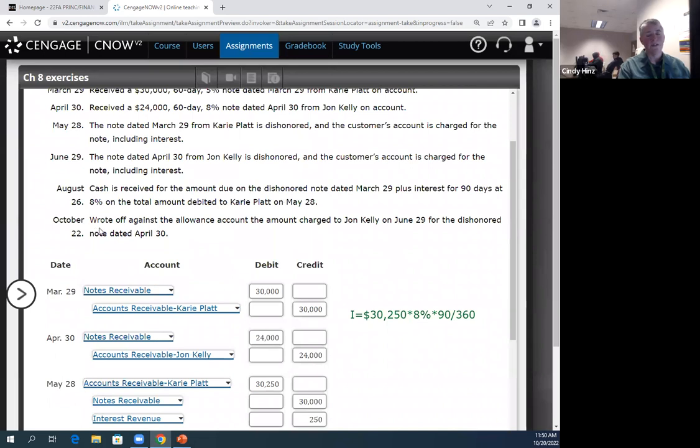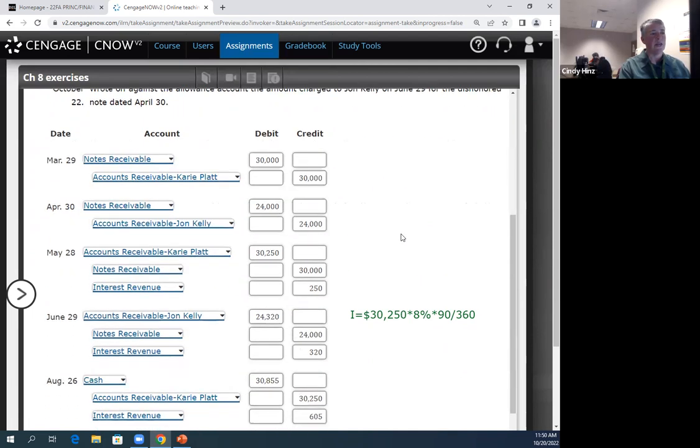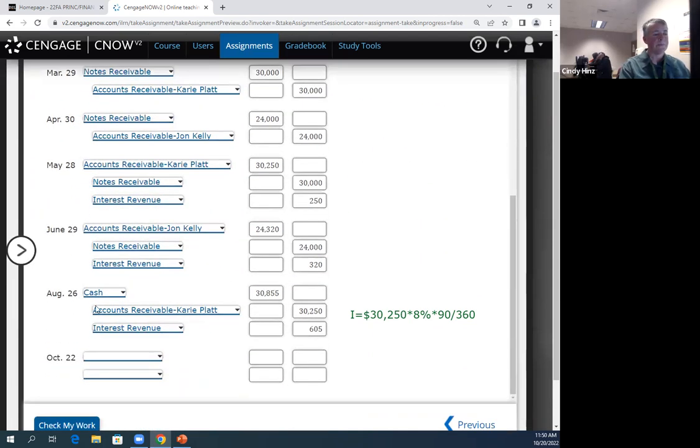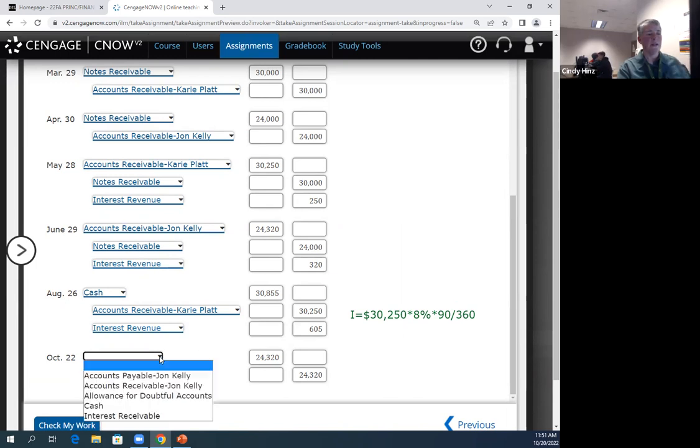And what happens to finish off this exercise? We wrote off against the allowance account the amount charged to John Kelly on June 29th for the dishonored note. So the total amount was $24,320, the original $24,000 plus $320 in interest, and we have to write it off.